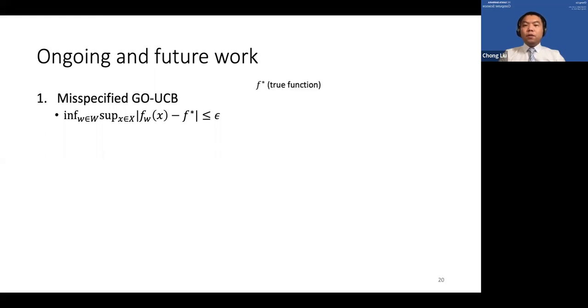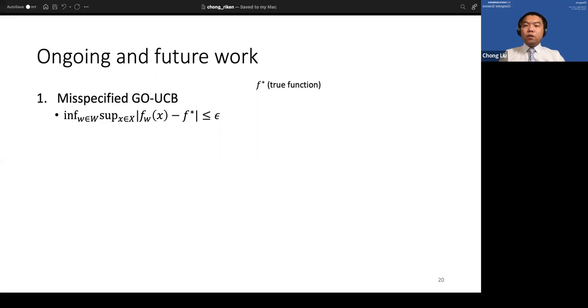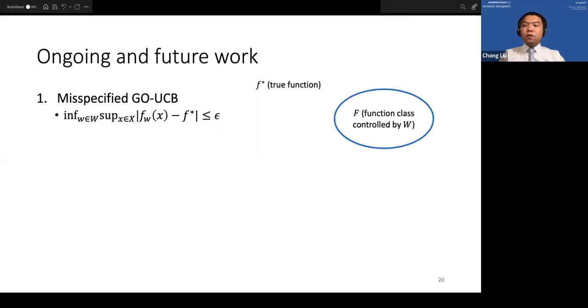Here, this is the true function f star, and this is the function class controlled by the parameter class, the big W. Previously, by saying the realizable assumption, it means that the true function is within the function class.